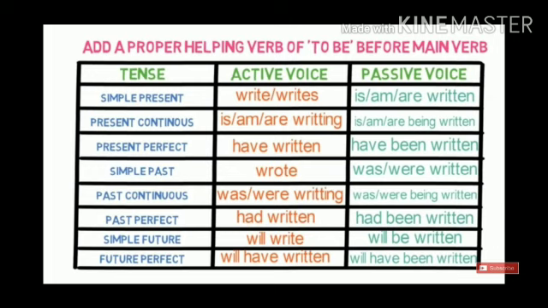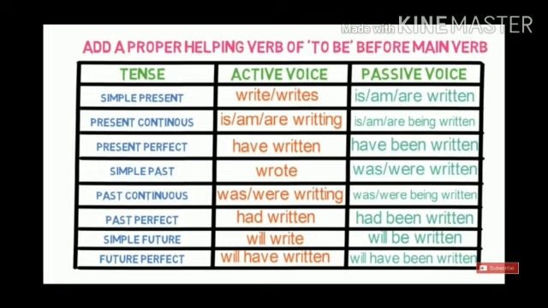The first one is simple present. In active voice, the main verb is write, writes. In passive voice, we add the helping verb is, am, or are depending on whether the object is singular or plural, and the verb 3, the past participle: write becomes written. Then present continuous tense.